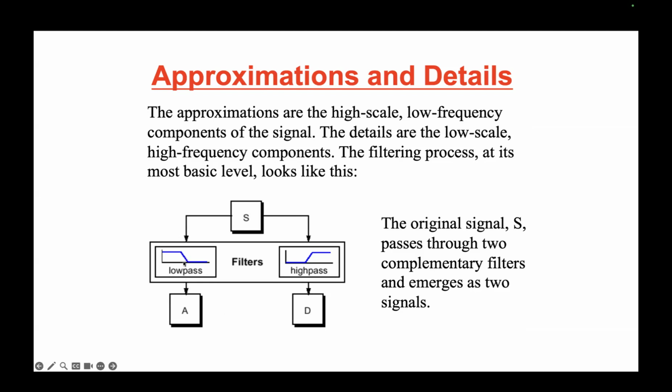Now, the cutoff frequency of these two filters is basically sampling frequency by 4. If your sampling frequency is Fs, your time domain signal can contain frequencies up to Fs by 2. This is the Nyquist theorem. And you basically divide that frequency range from 0 to Fs by 2 in half.